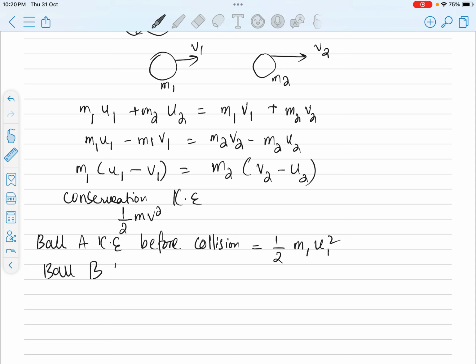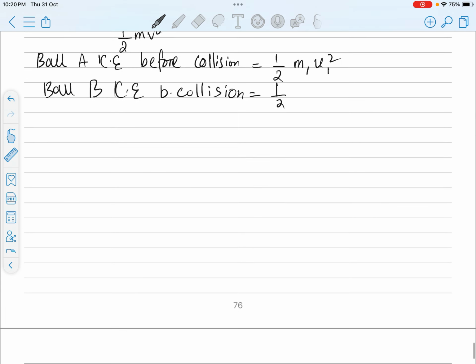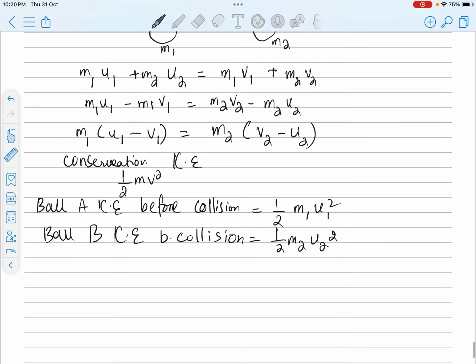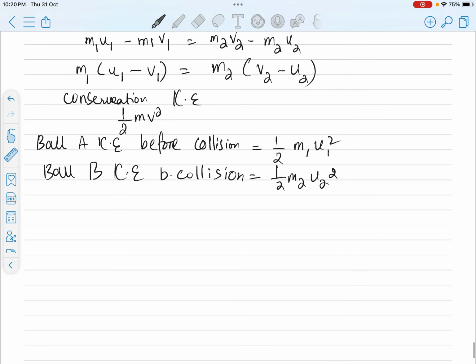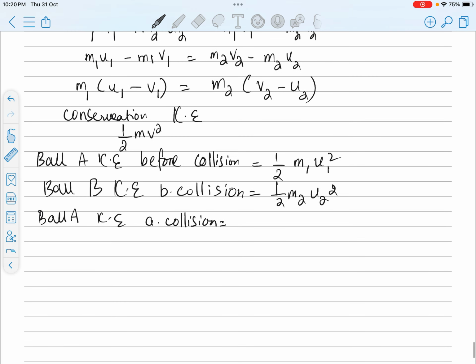Ball B kinetic energy before collision, you have half, instead of m1 now you have m2, and instead of u1 you have u2 square. Now I will do ball A kinetic energy after collision. This is half m1 v1 square.